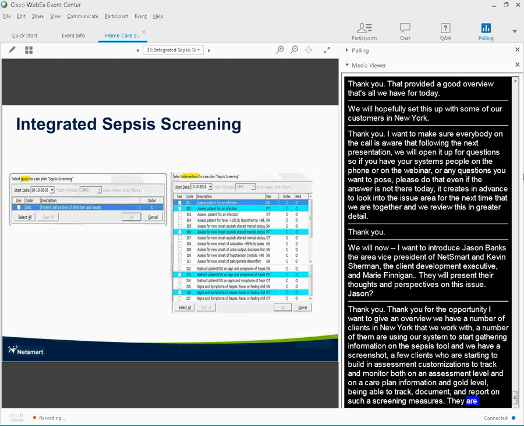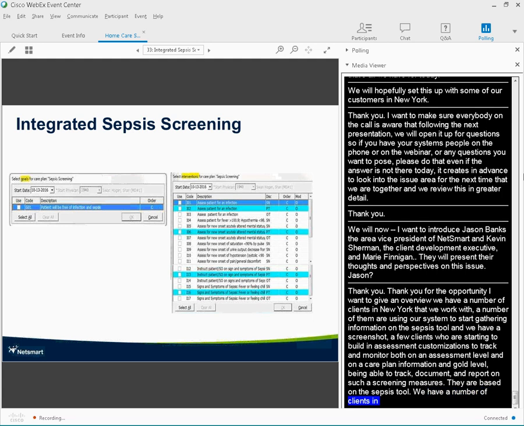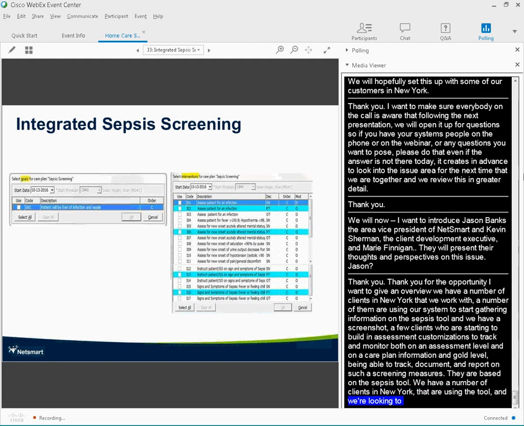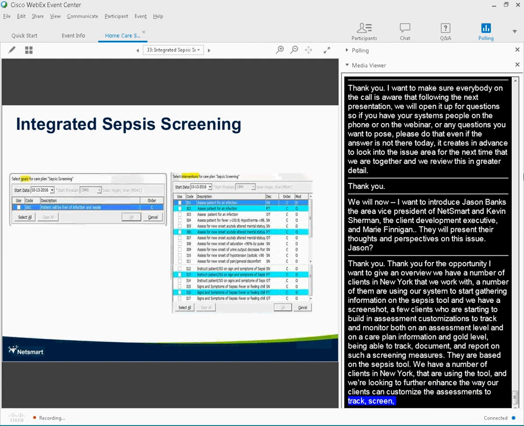As I said before, we have a number of clients in New York State today that are using the tool, and we are looking to further enhance the way that our clients can customize their assessments to track, screen, and then report on those patients that are at risk for sepsis.